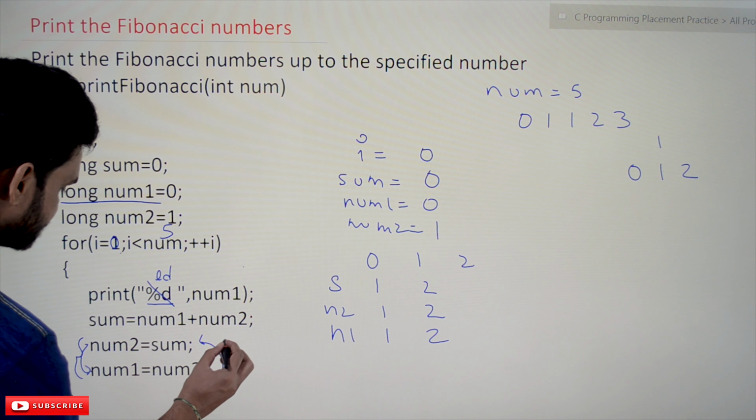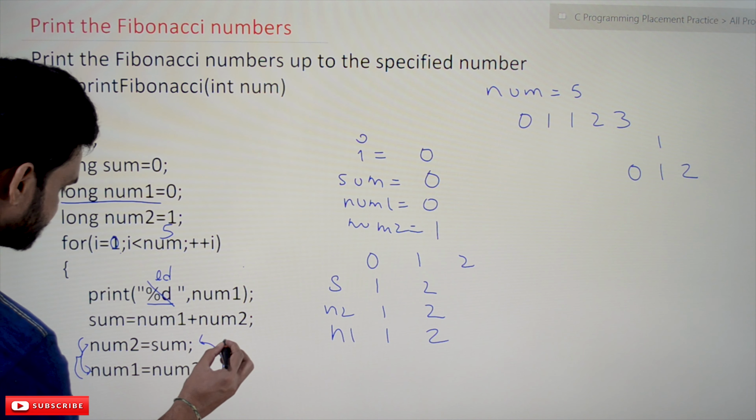Whenever the value of i is equal to 0, num1 will get printed. These updations are not there yet, so num1 is equal to 0, and 0 will get printed. Sum is equal to num1 plus num2, which means it is 1.